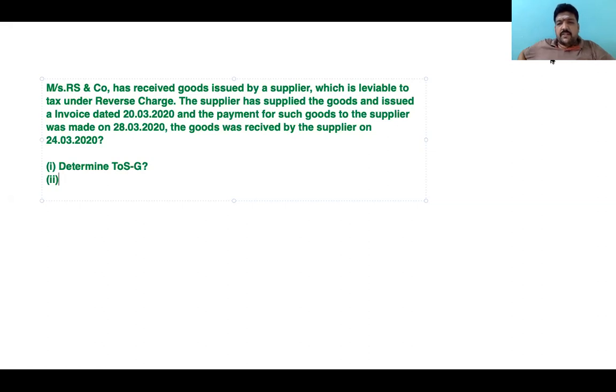Kirtana, Gajendran, check your answer. Ganapati, good. Deepak, good.